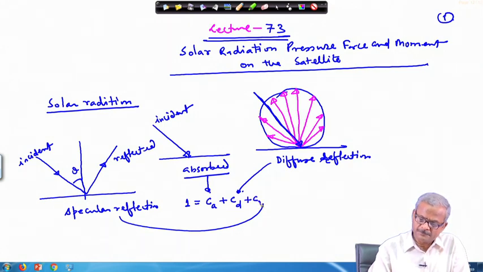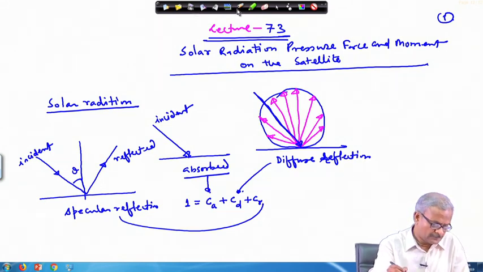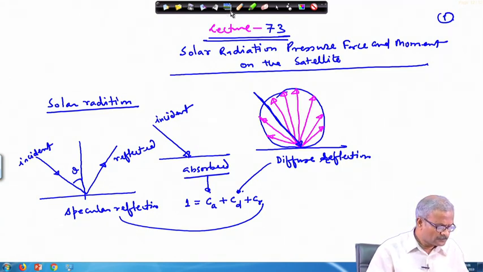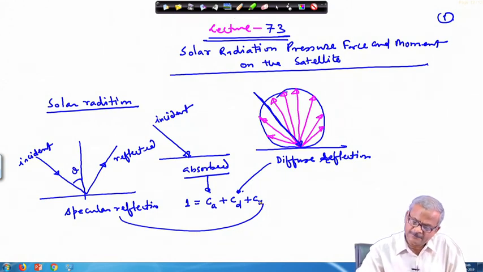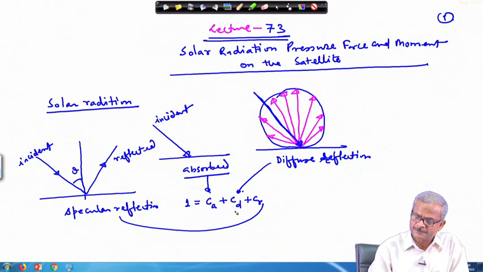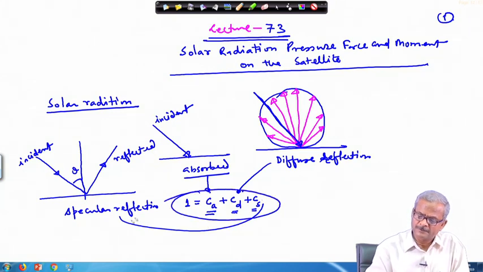We can put a notation for this; let us write it as CR only. This is the diffused reflection, this is normal reflection, a specular reflection, or we can make it S to indicate specular reflection. And this is absorbed. So, this will total make 1 unit.